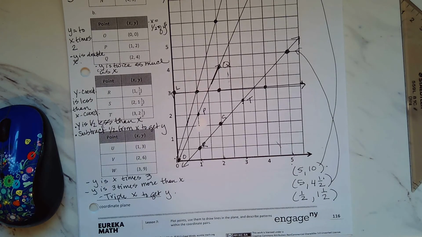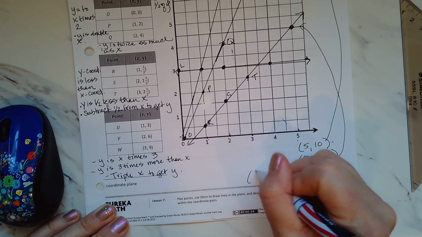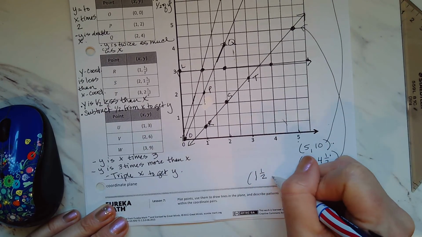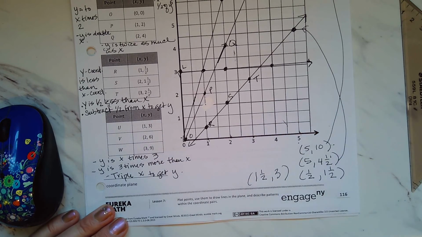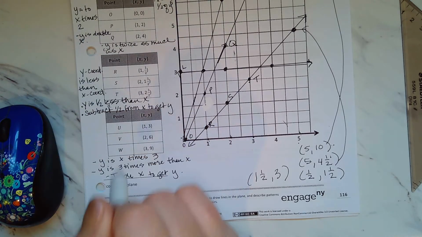Now let's try 1.5 and 3. So where would this guy fall? What chart would he fall into?